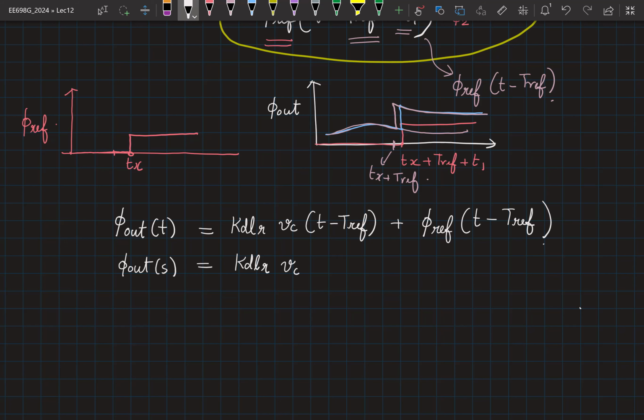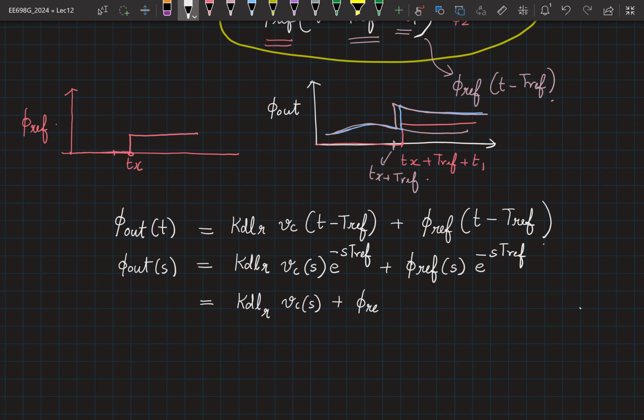This into Vc of S into e power minus s Tref plus phi ref of S into e power minus s Tref. Right? I can take e power minus s Tref outside. So this is KDL R into Vc of S plus phi ref of S into e power minus s Tref.